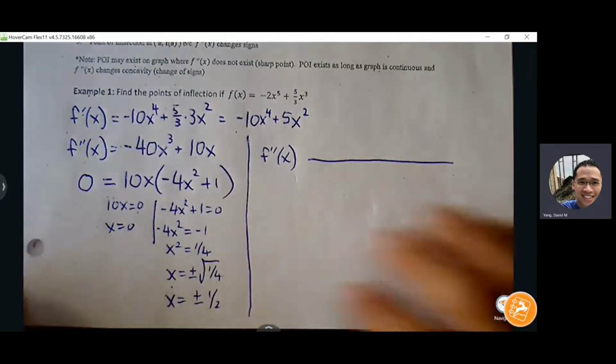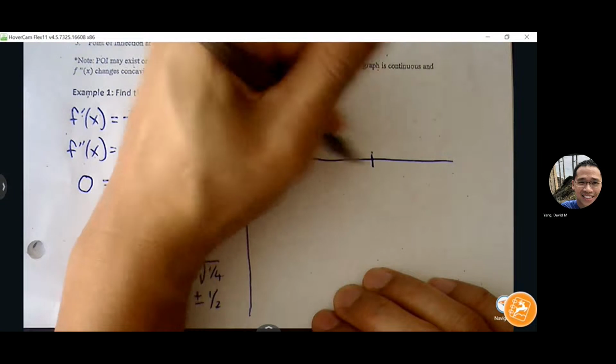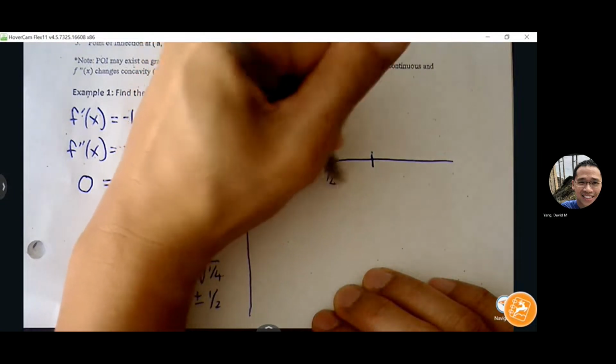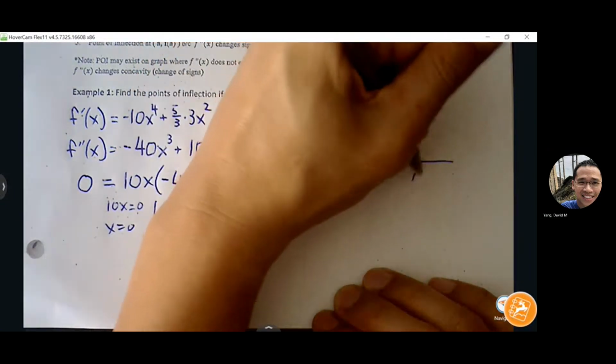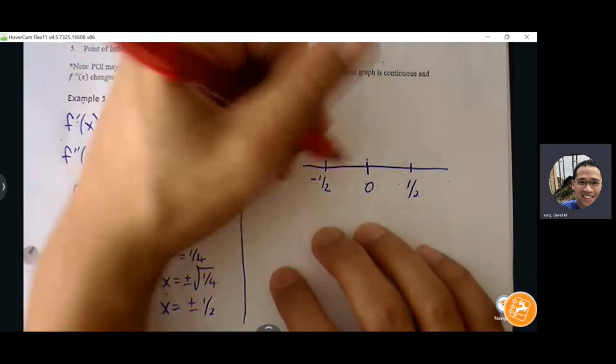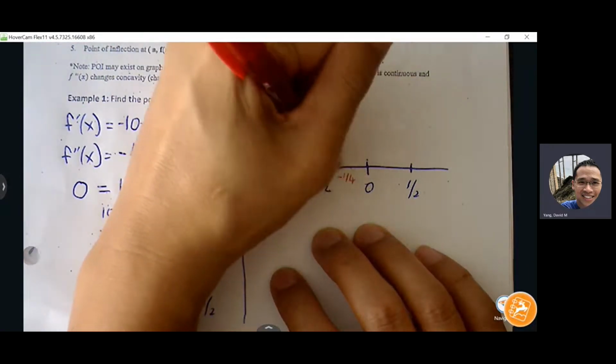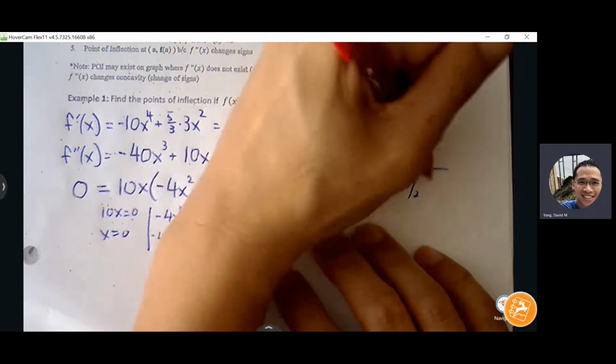Okay, create your second derivative sign line. And then choose values in each subinterval. I'll choose negative 1, negative 1/4, 1/4, and 1.